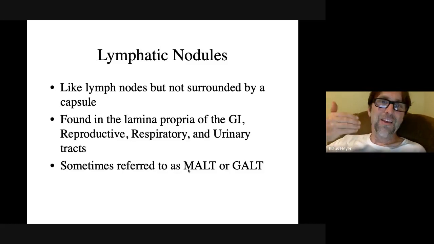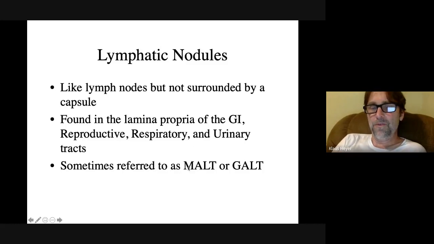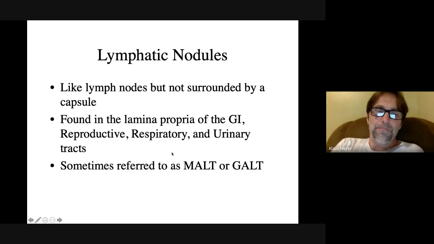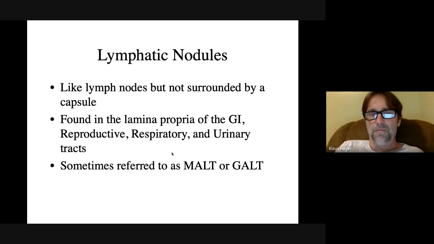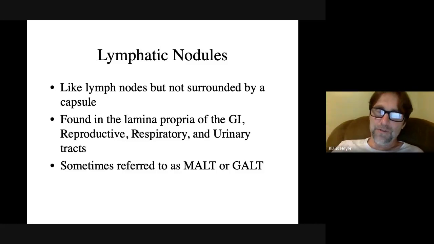Same thing in your stomach, the lining, we call it mucosa, like mucus, mucosa. That's what that M means. Mucosa associated lymphatic tissue. Anyway, I'm not going to ask you a test question about this. I'd just like you to know that it's there.